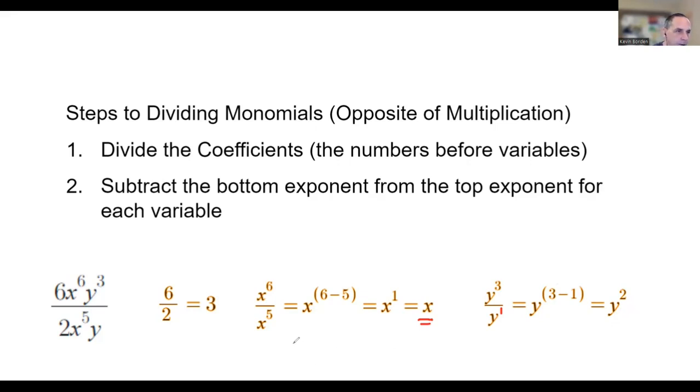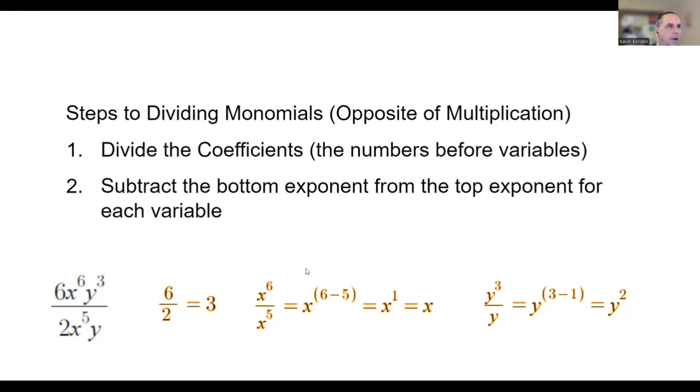So we put together our answer at the end here, 3 times x times y squared. And that's our answer. And once you get good at these, you're going to look at this problem over here, and you are almost immediately going to see that answer. You won't have to quite work it out in all of these details, but that takes some practice.